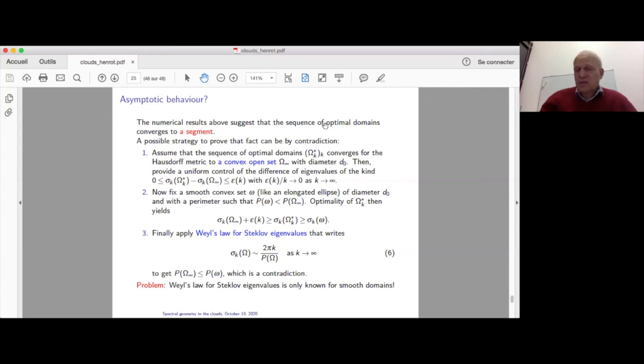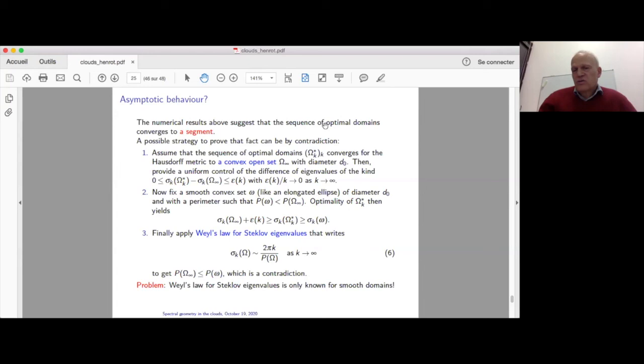In particular, in the Steklov case, I do not know any of them in that spirit. Even the Dirichlet case has been much more studied, but in the Dirichlet case, except for the two shapes we know, lambda 1 and lambda 2, there are no regularity results known. So it seems to be a very difficult task. We did not try here.